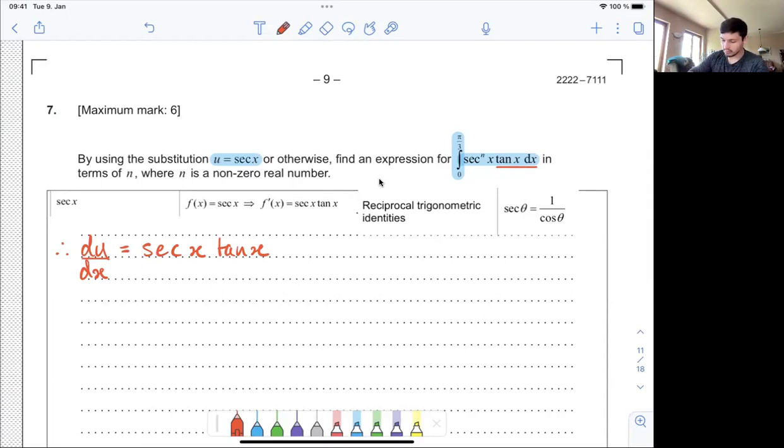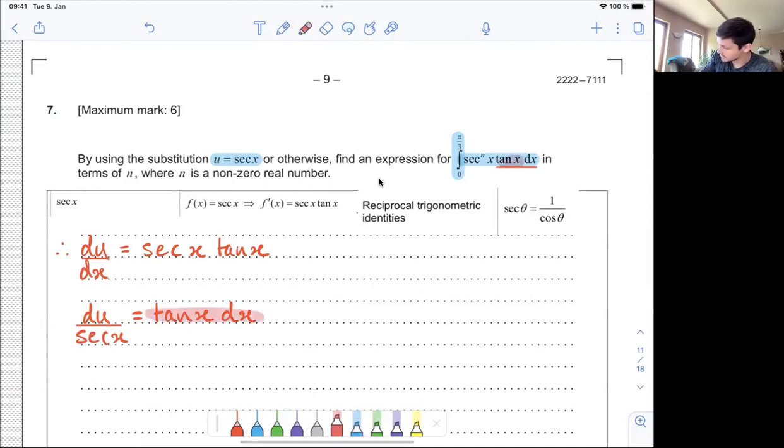So if we rearrange this, we've got du over sec x, dividing both sides by sec x and multiplying by dx. This is going to equal tan x dx.